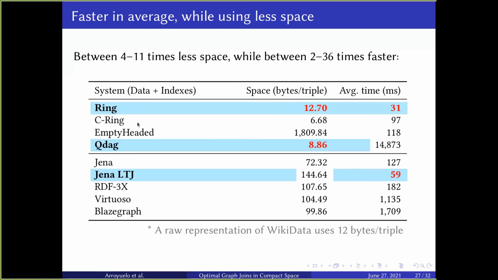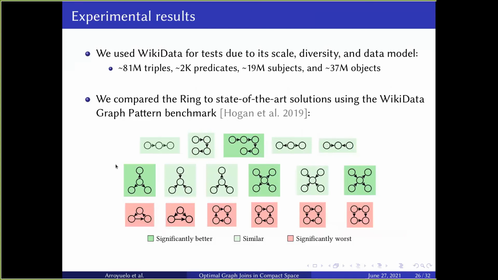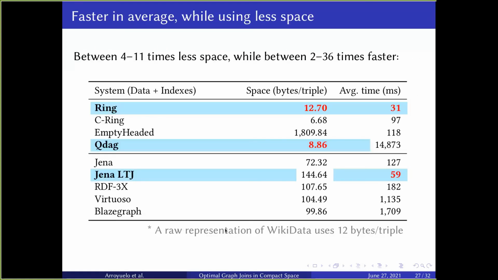Another relevant implementation, which is actually one of the solutions that in these queries where we are significantly worse than the competition, in several of those queries, the best alternative is EmptyHeaded, which uses up to 2 orders of magnitude higher memory than the ring.